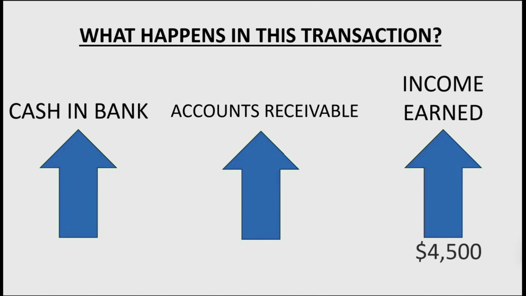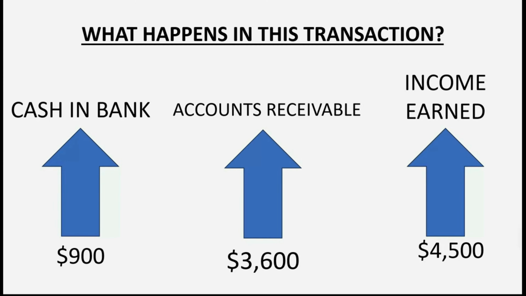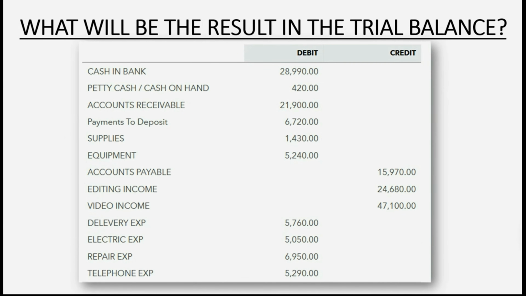Well, the income earned will increase by the full amount, $4,500. The cash in bank will go up by the amount we physically received, and the difference, which still remains owed on the invoice, will increase by $3,600.